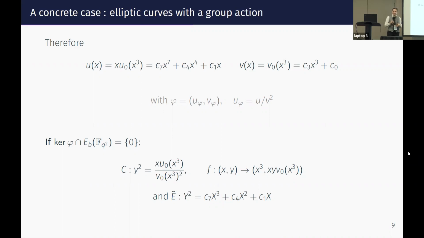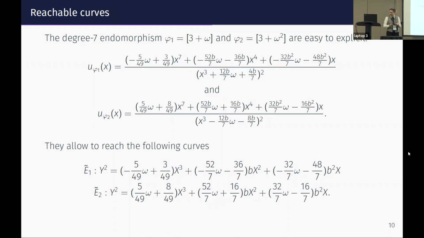Furthermore, it's possible to explicit the expression of the two degree 7 endomorphisms. So in the rational field, we get this kind of expressions for u phi 1 and u phi 2, and this tells us that we are able to reach the following elliptic curves TLE1 and TLE2 with those two endomorphisms.